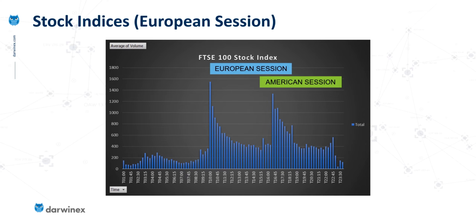And this gives us some level of insight into why the volume changes in the way that it does. So the FTSE 100 is obviously traded predominantly in London, and this peak here coincides with the London Open.